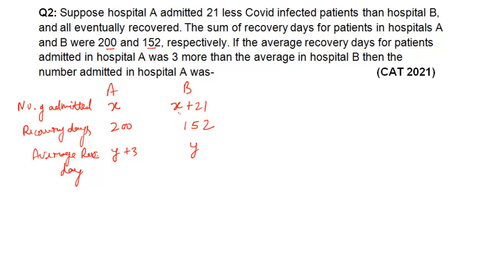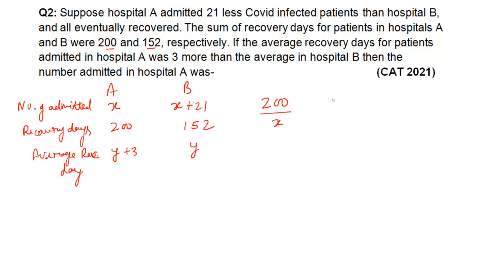And we have to find the number admitted in hospital A. So the average for hospital A is 200 divided by X, 200 recovery days divided by number admitted.